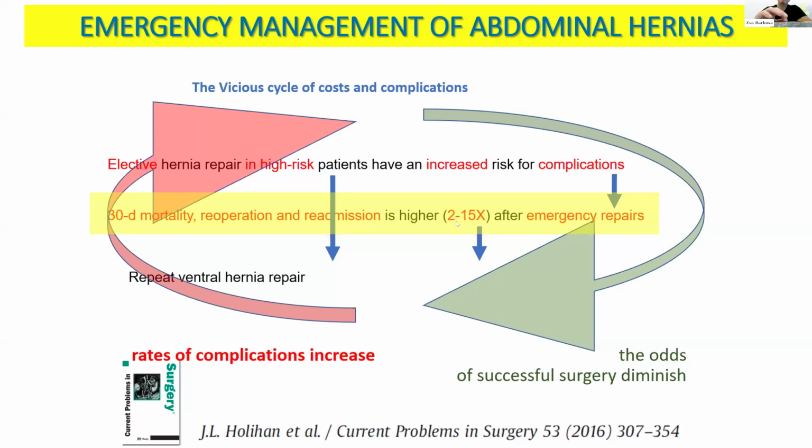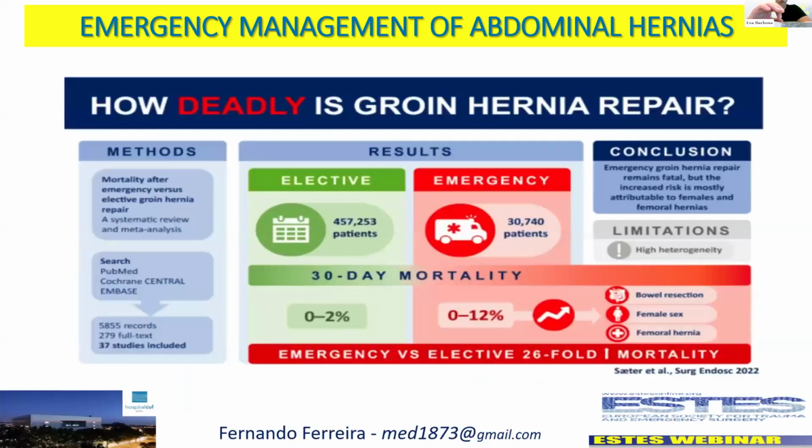And if you keep operating on them, and especially in emergency, you're going to find a 2 to 15 time fold increase, according to Julie Holohan and Michael Lang's group, of readmission and reoperation. Also looking at this systematic review of meta-analysis that was just put out in 2022 in surgical endoscopy, 37 studies. I found it amazing just to look that there's a 26-fold mortality rate from groin hernia repair.